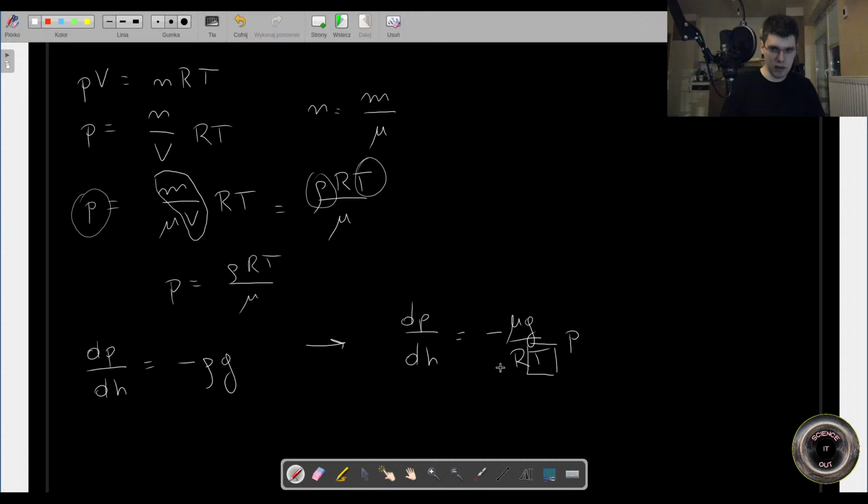Well, in some cases. But in the case of T depending on the altitude in linear fashion, it's quite easy.